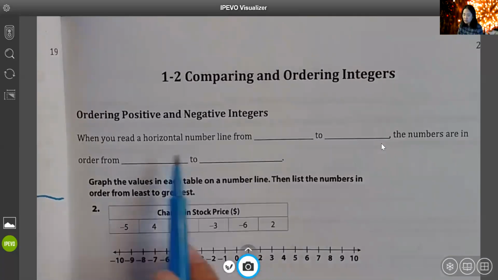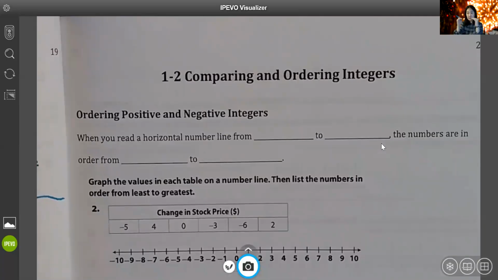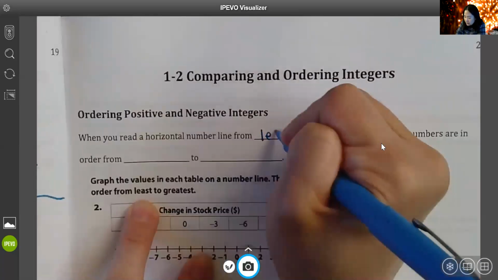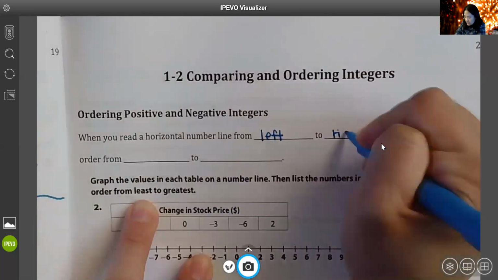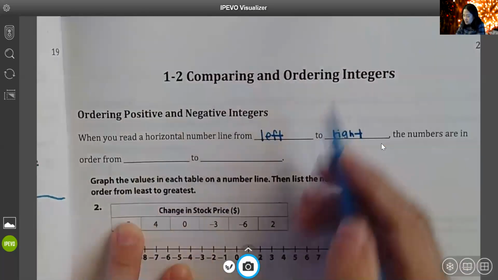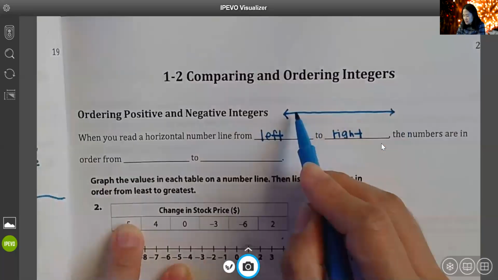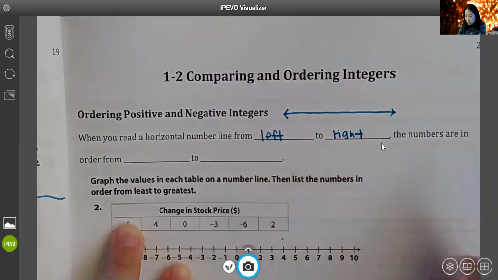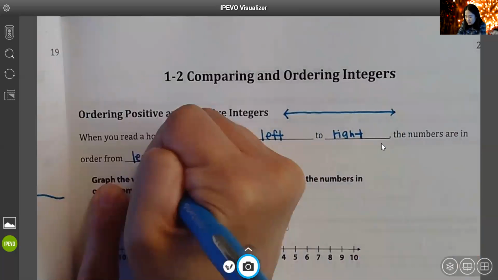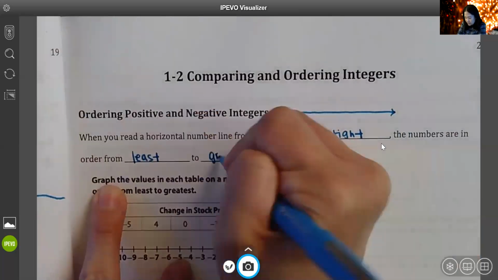When you read a horizontal number line that goes from left to right, when you're reading it this way, the numbers are in order from least to greatest.